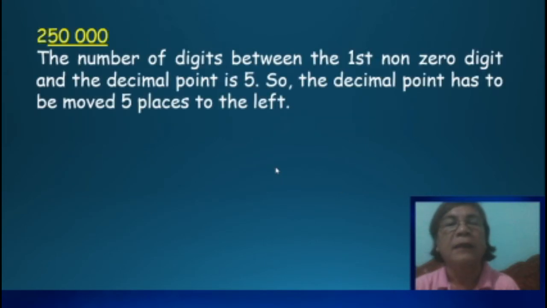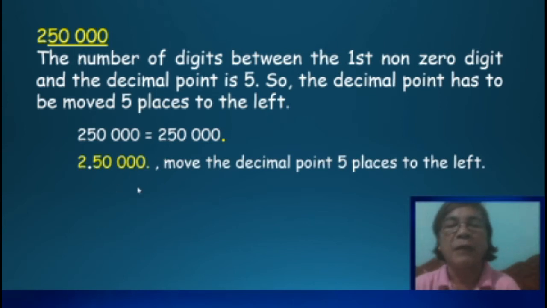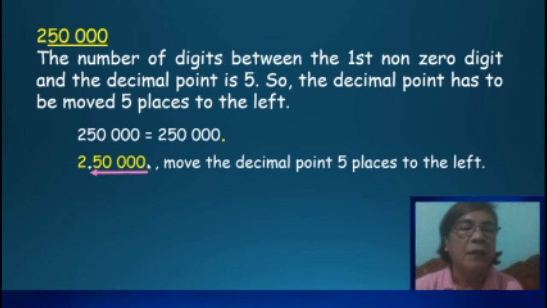The number of digits between the first non-zero digit and the decimal point is 5, so the decimal point has to move 5 places to the left. That is, 1, 2, 3, 4, 5.